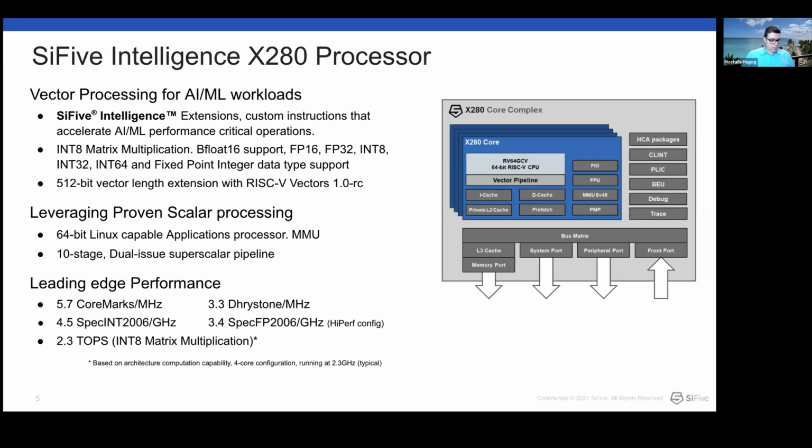It's not sufficient to just pack in a lot of matrix MAC operations. We measure performance both in scalar performance as well as in tera operations per second, and you can achieve leading-edge performance on scalar, as well as pack up to 2.3 tera operations when doing int8 matrix multiplications in a design.